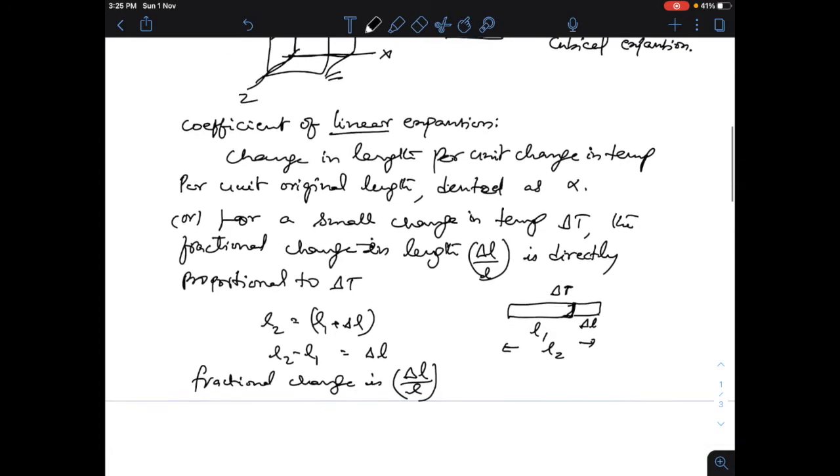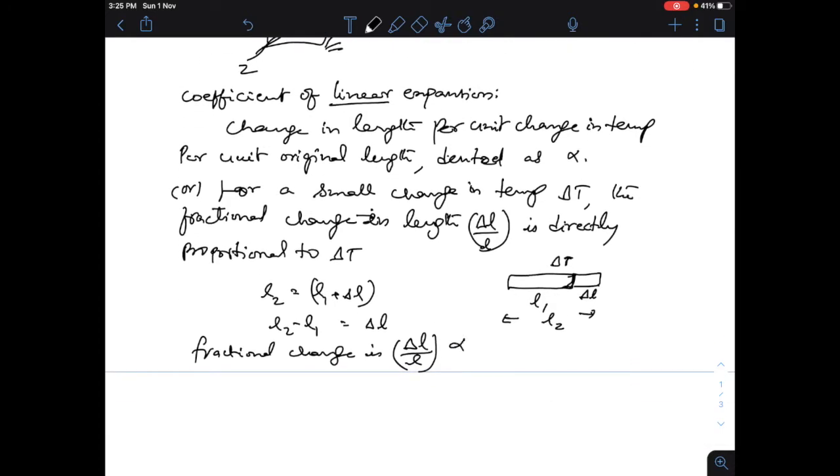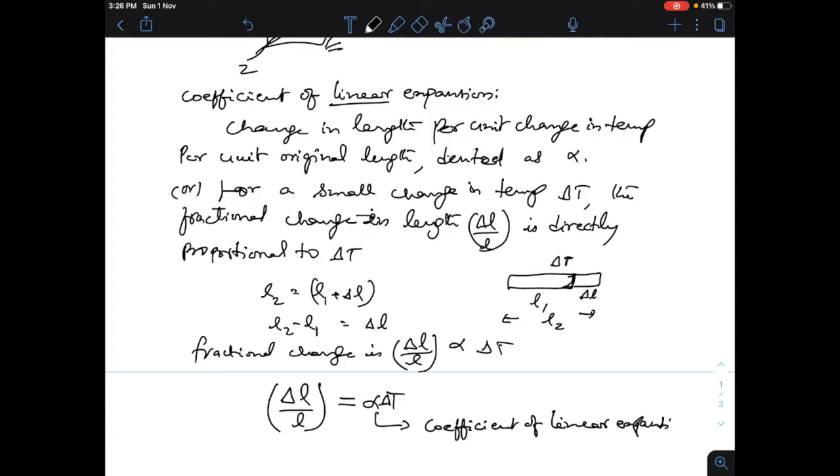And now this delta L by L is proportional to delta T, and therefore I can write delta L by L, that fractional change, is equal to alpha delta T, where alpha is the proportionality constant that we call the coefficient of linear expansion.